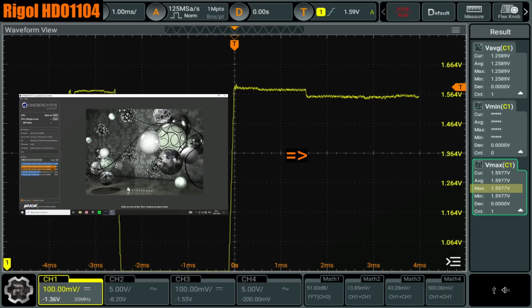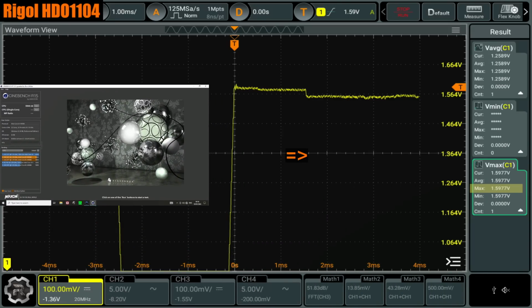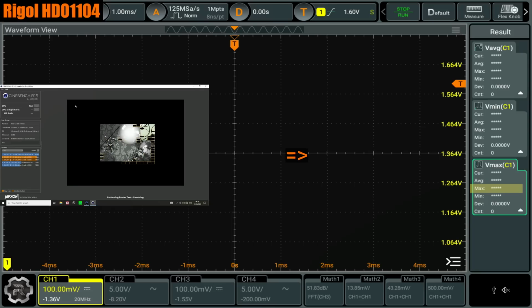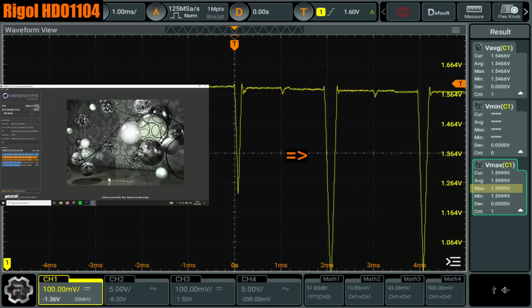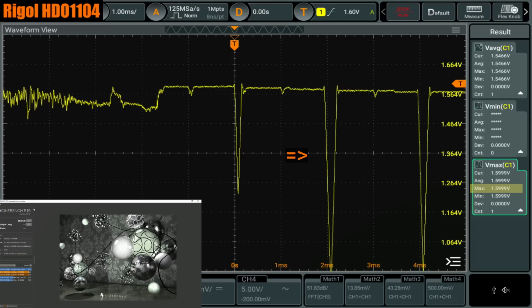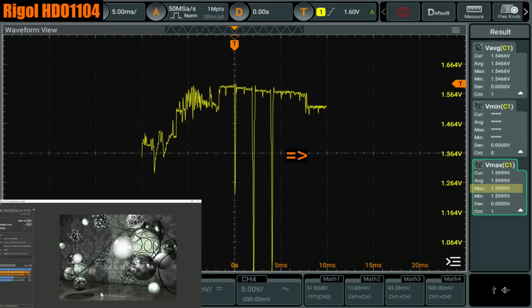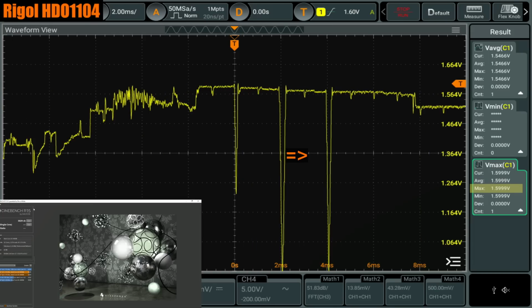But anyway, let's try to capture a few more. I'm going to set the trigger a little bit higher, see if I get lucky. Okay, we didn't get anything at the start, which is good. Oh, yeah.